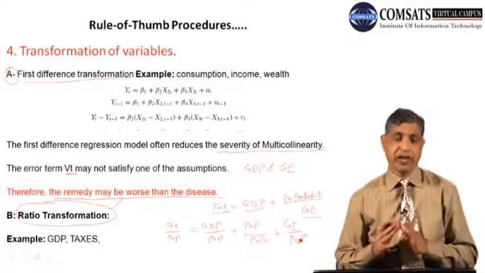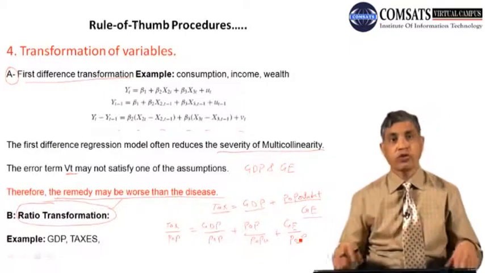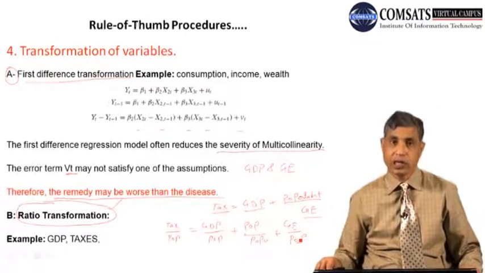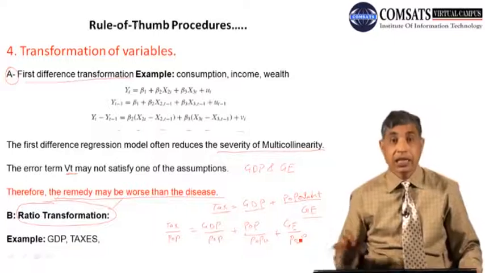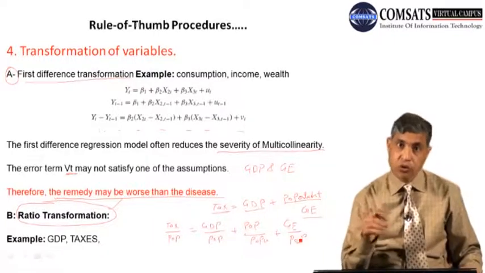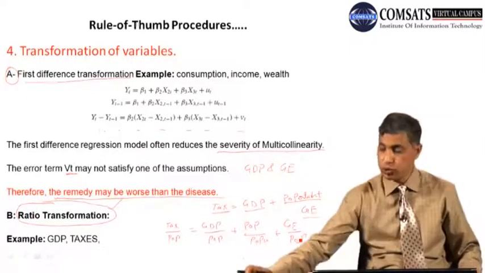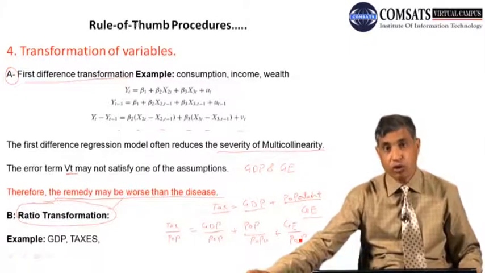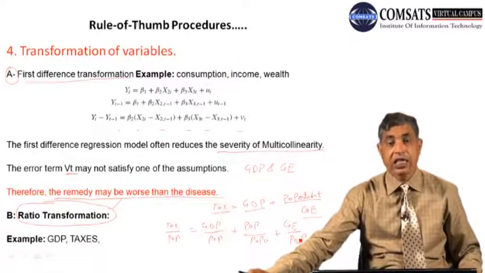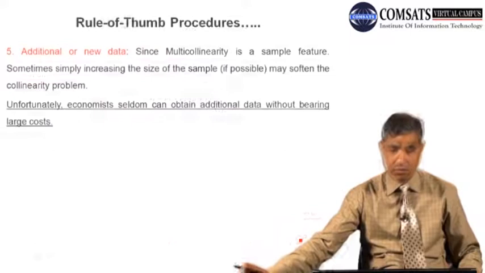So now you have transformed your variable using the ratio technique. It will also reduce the severity of the multicollinearity. So these were two techniques for how you transform your variables to get rid of severe multicollinearity.